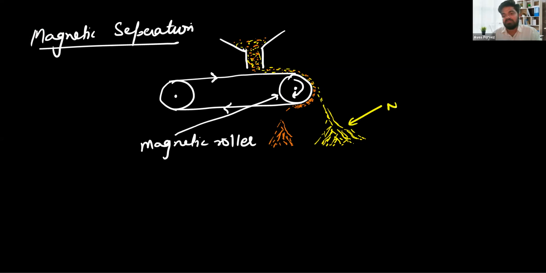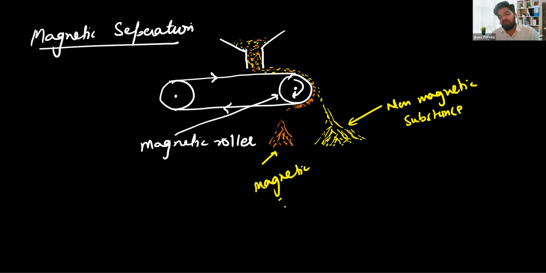This is the magnetic substance, and this is the magnetic impurity.